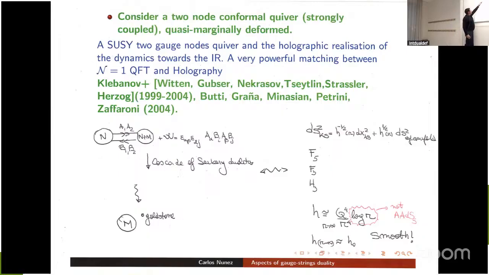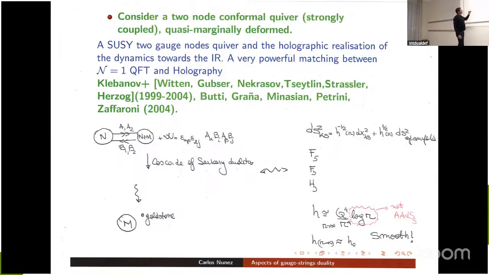So this A1, A2, and B1, B2, and some interaction between them. Okay? So it can be seen that if you put M to 0, that number M to 0, the theory is N=1 conformal, and is strongly coupled. But the moment you switch on this M, it's like switching on a quasi-marginal deformation.